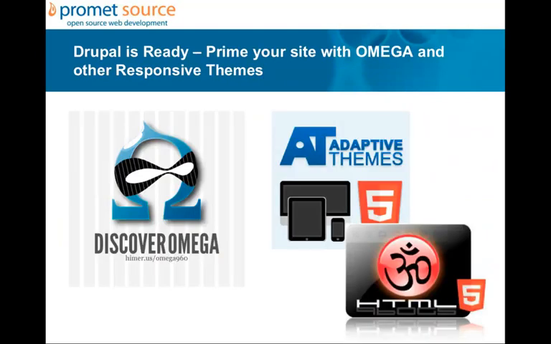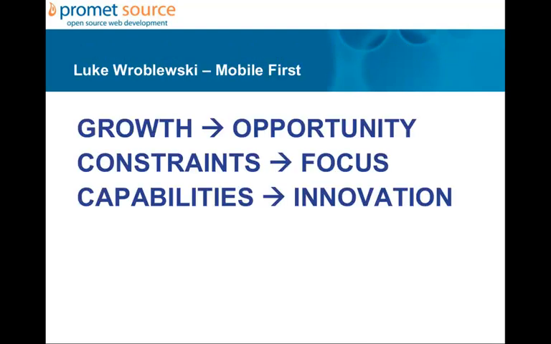As I mentioned already, you have wonderful themes that are Drupal ready. They already come with pre-programmed breakpoints for you. So all you have to do is implement the theme and follow the guidelines of the breakpoints. So Omega, that's HTML5 ready, CSS3.